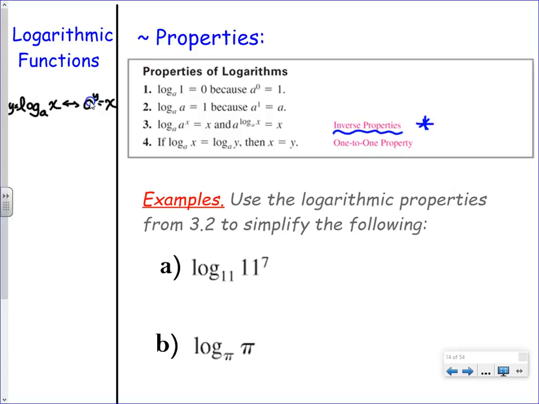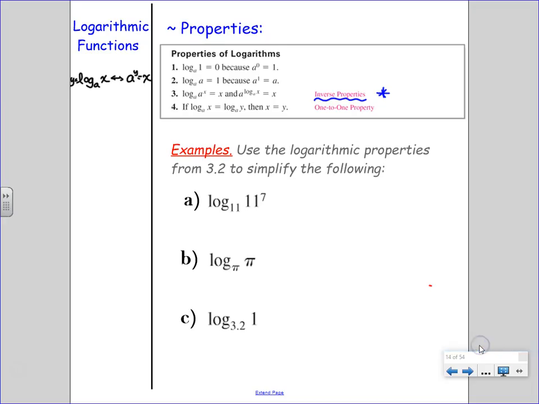Powers and roots undo each other as long as they're the same index, the same square root with the square, cube root with the cube, etc. Adding and subtracting undo each other as long as it's the same value: plus 1, minus 1, plus 5, minus 5, etc. Logarithms and exponentials undo each other as long as they have the same base. And then the one-to-one property says, sweet, if the log base matches, then the arguments match, and I can just ignore the logarithms altogether.